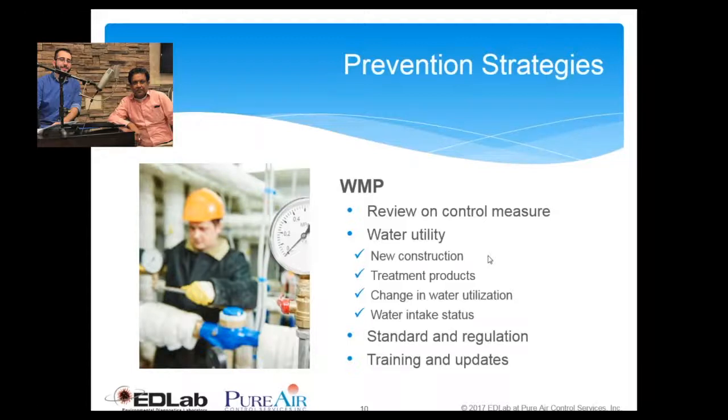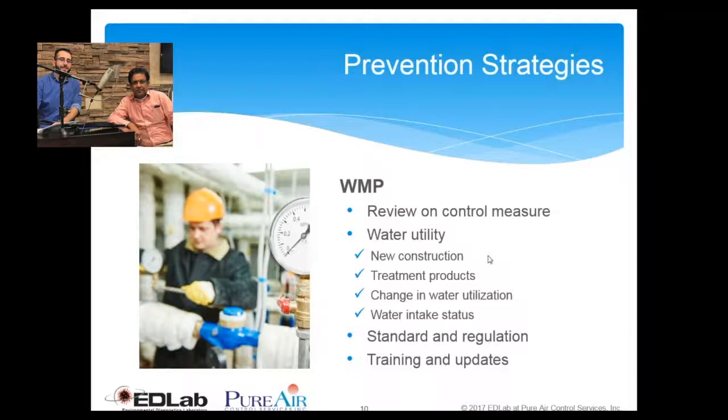The second thing is that the water utility must be monitored or analyzed from time to time, considering whether new construction is added, or just a renovation, or some new outlets are built. Then the treatment of products, change in the water utilization, and the water intake status are very important in order to analyze the water utility.